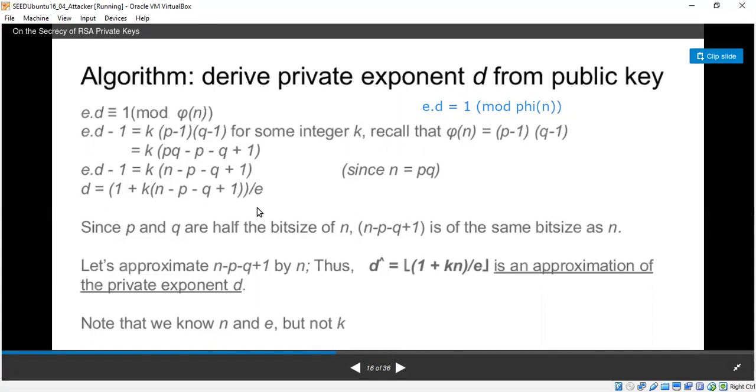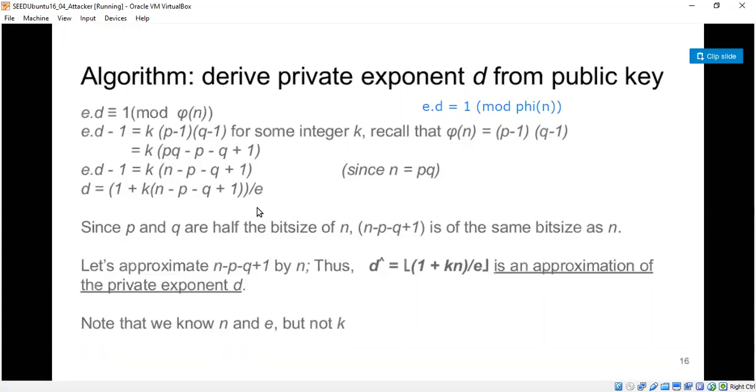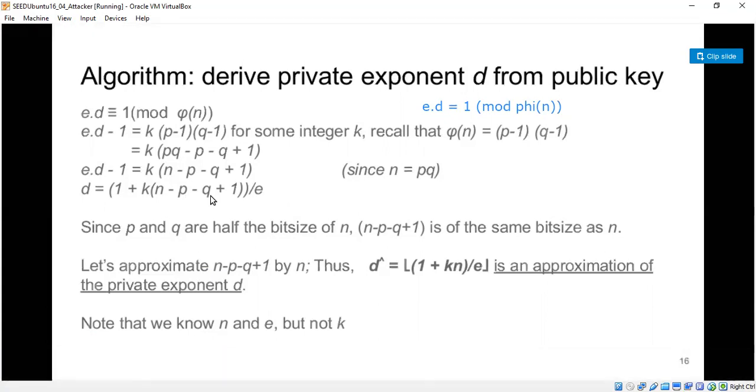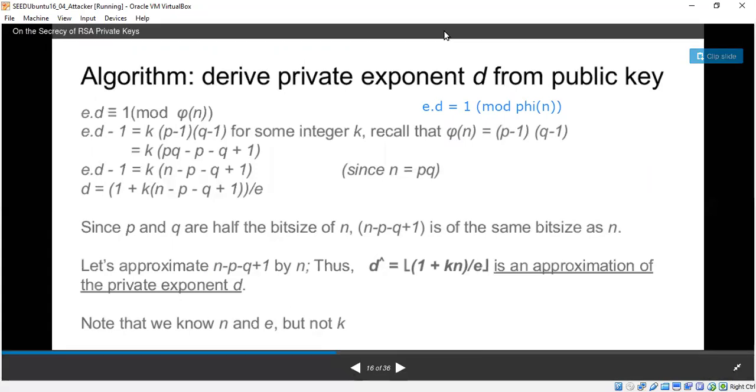But now we still have a bunch of problems. We don't know k, we don't know p and q. But that's okay, and the reason is this. Recall the fact that p and q are half the size of n. If n is a 2048-bit number, both p and q are 1024-bit numbers. That's an important fact.